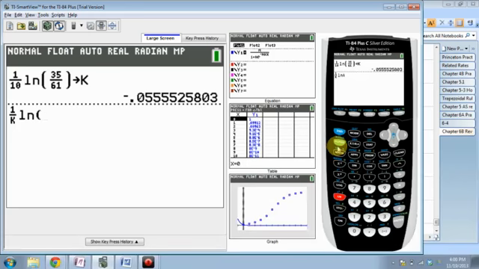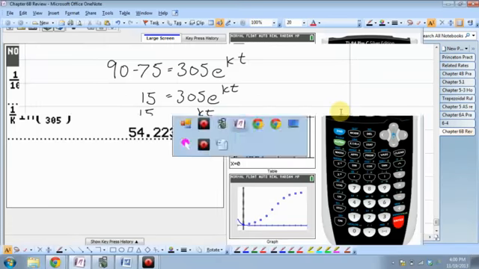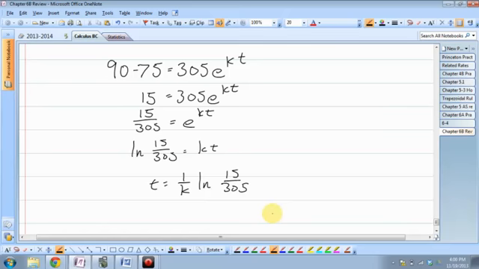Yeah. 15 over 305. 54.223. And I think these are minutes. Yeah. Are we rounding at all? Yeah. Round to the nearest 5 minutes.